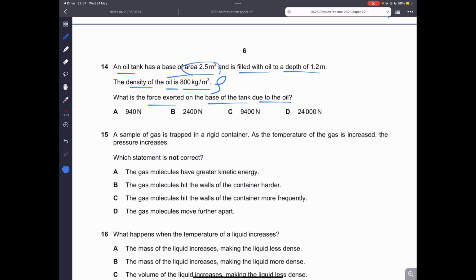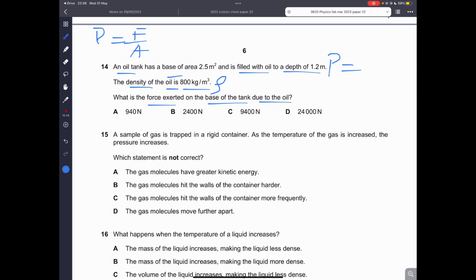This is a two-step question. Pressure is equal to force over area, and force is equal to pressure times area. Firstly, we have to work out the pressure of the oil.